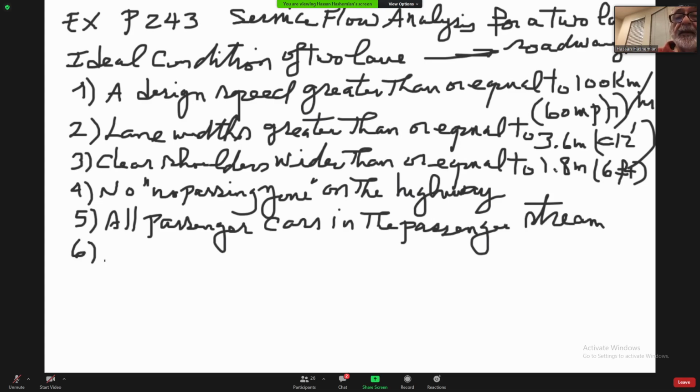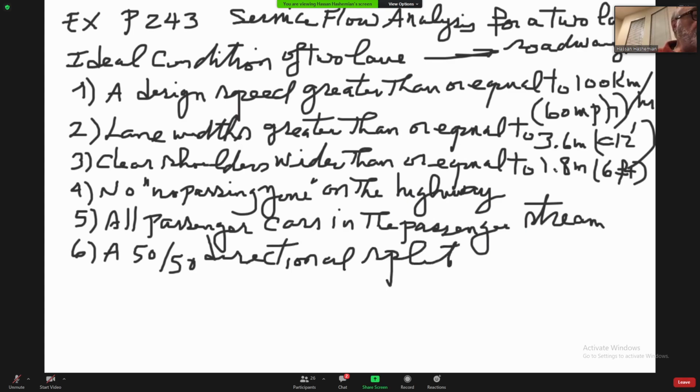Sixth, a 50-50 directional split of traffic. That means 50% goes in one direction, 50% goes in the other direction all the time.